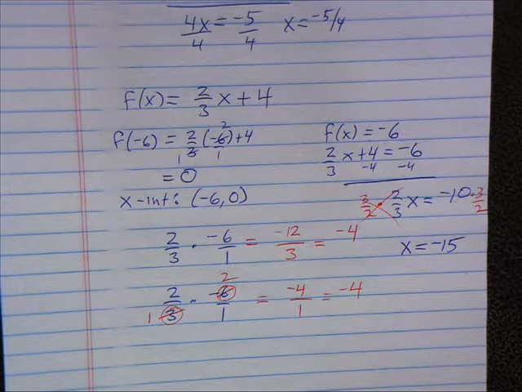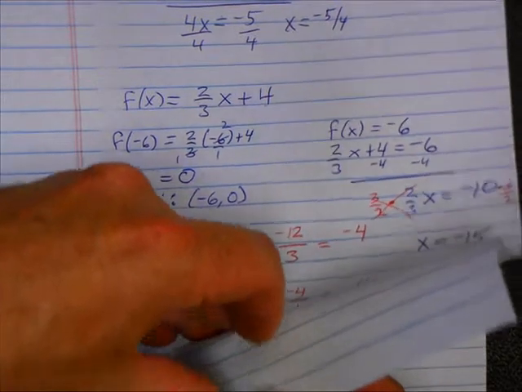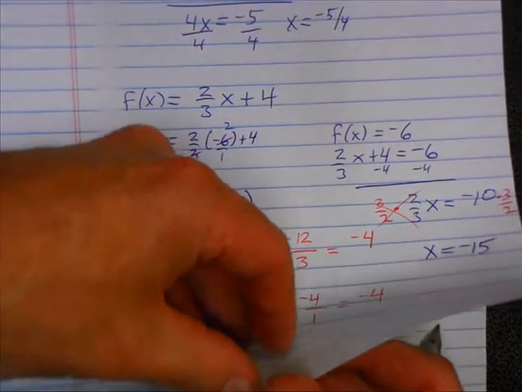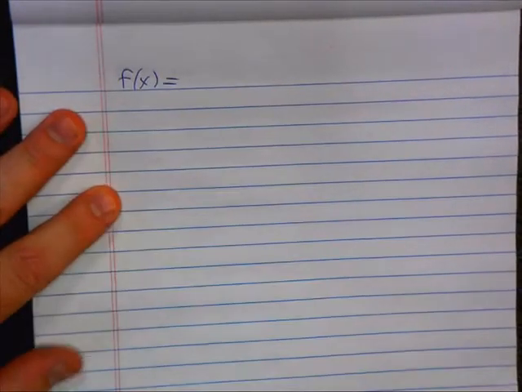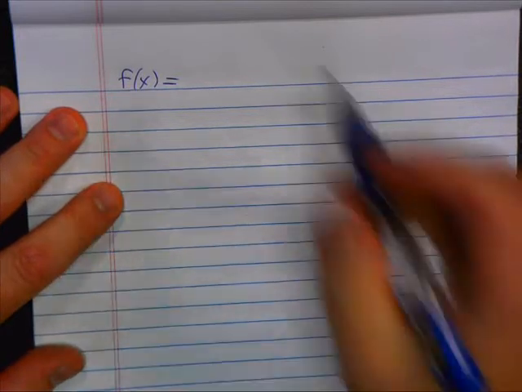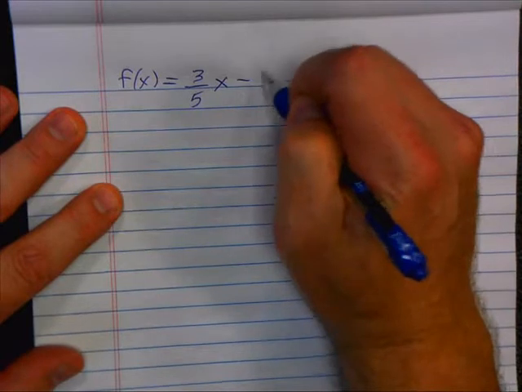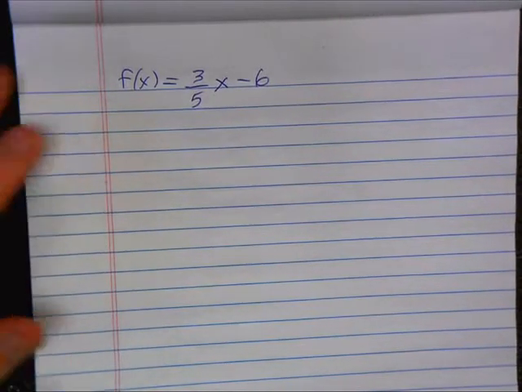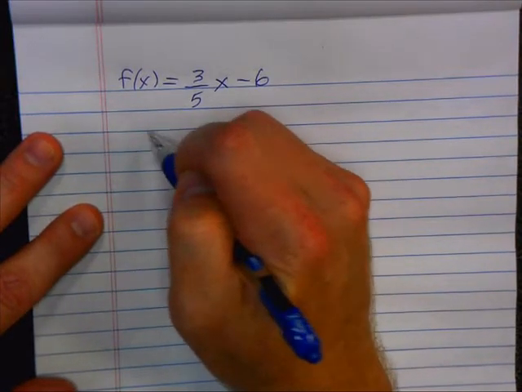All right, one more little problem here, and then we'll do one out of the book. Let's see, how about f of x equals 3/5 x minus 6. I'm going to ask you to find 4 things. I want you to find f at -3.